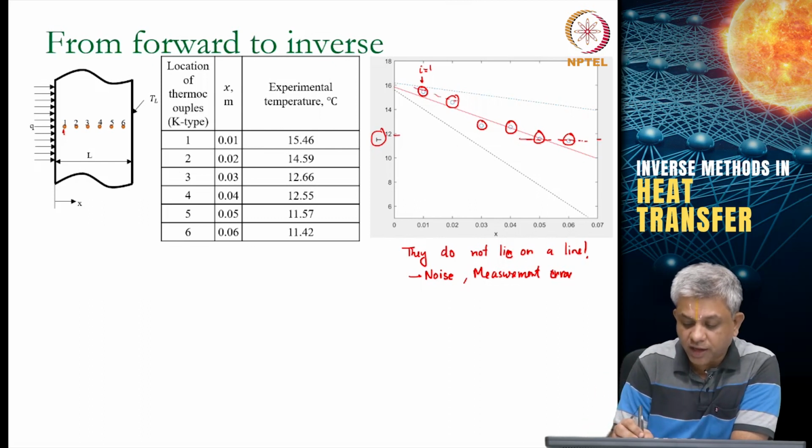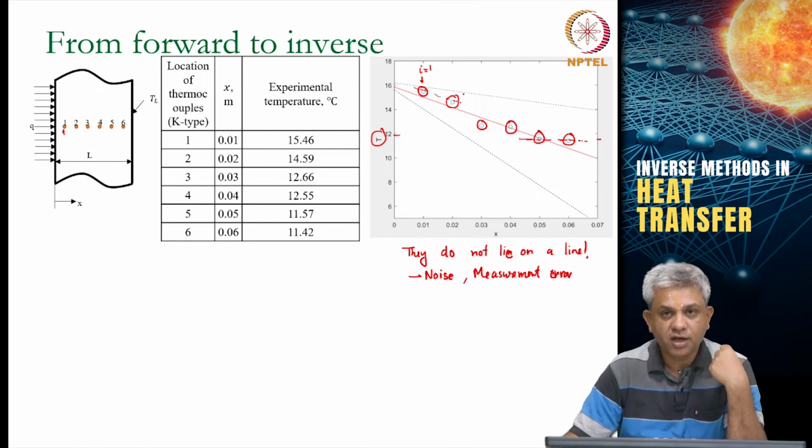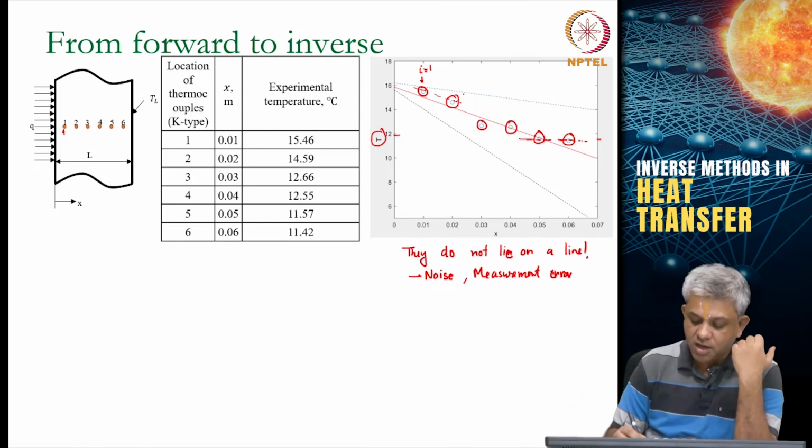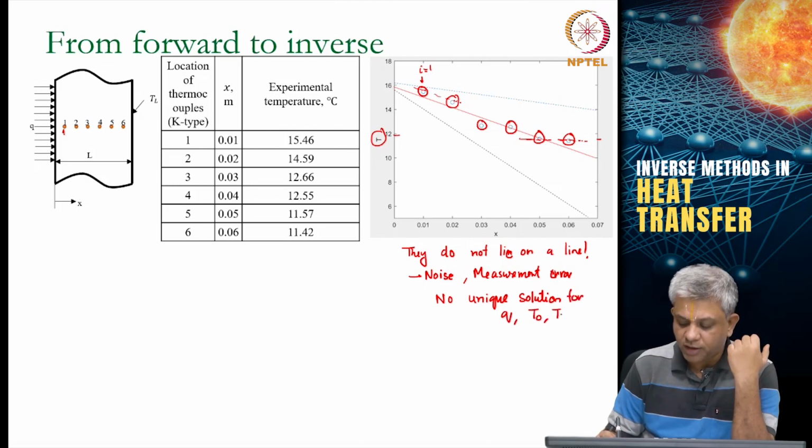If you draw this other line, that will give you some other prediction. So you now have a problem of uniqueness, as is the case with inverse problems. You do have solutions, but you do not have a unique solution for either Q or for T0 and TL.